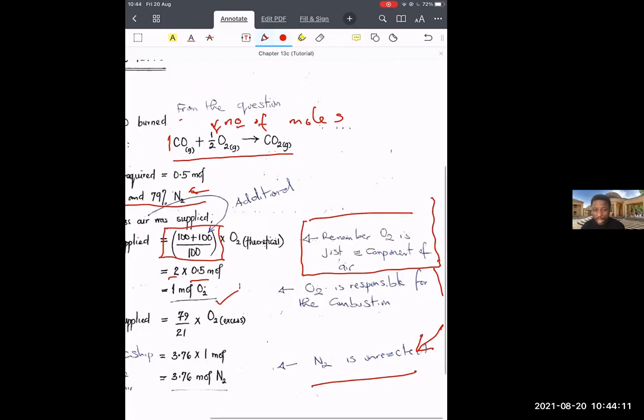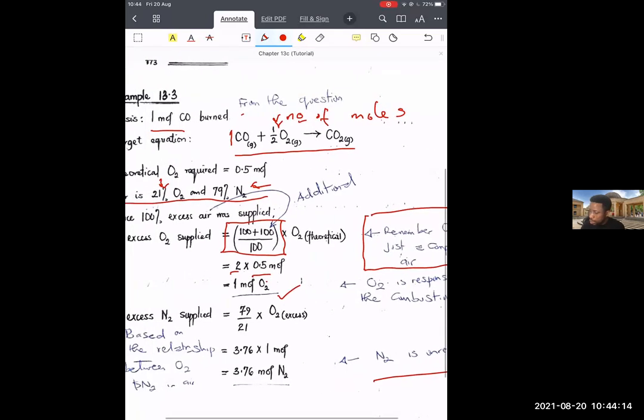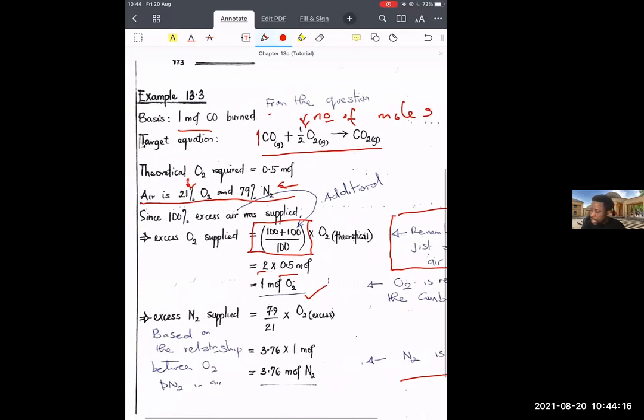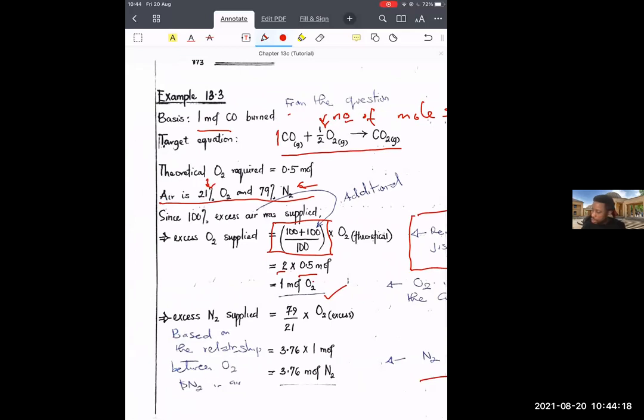We've talked about that, so that is why we did this. For the nitrogen, we need to use that relationship, 21% oxygen, 79% nitrogen. So that is why we've got this 79 divided by 21 in relation to the oxygen. With the oxygen we've got there, now we have these moles. Please take note of that.